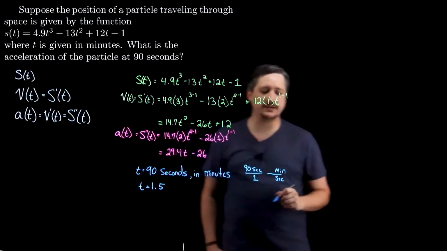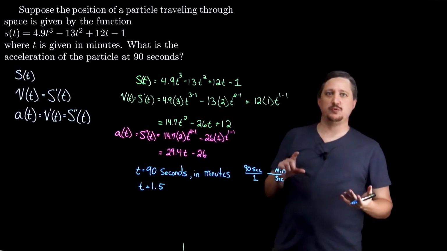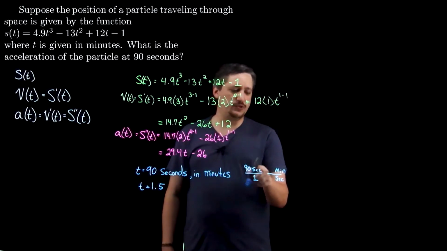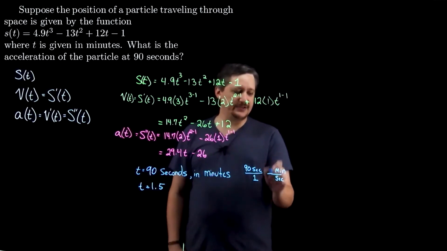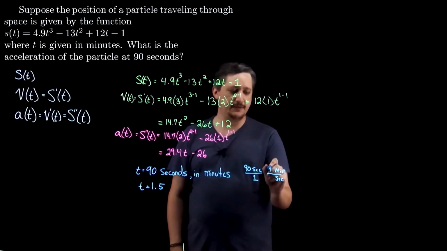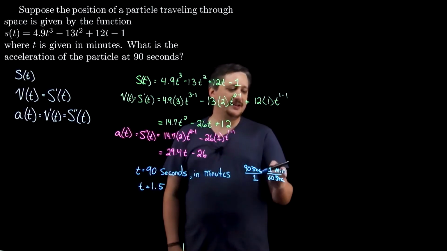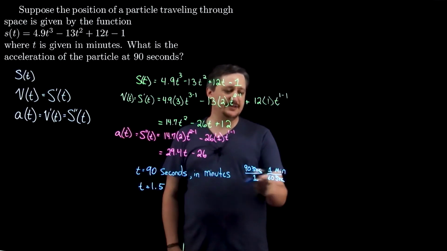Because you want the unit to be in minutes. And so if you have some amount of seconds, you would cancel the seconds. The idea here is to make this 1, meaning that you want to write the conversion: 1 minute is 60 seconds, right? And so these seconds cancel out, and you end up with 90 minutes over 60, right?